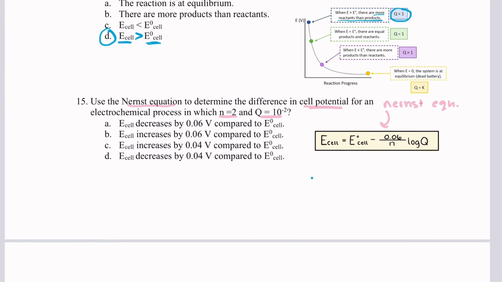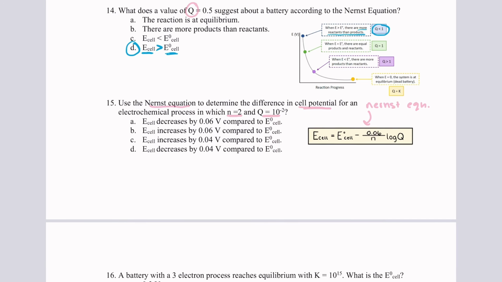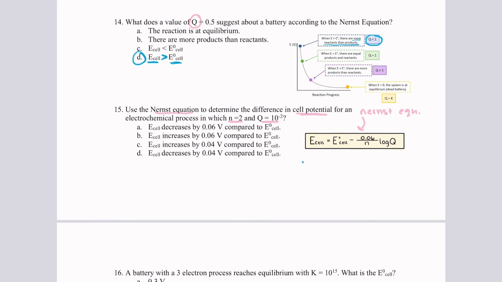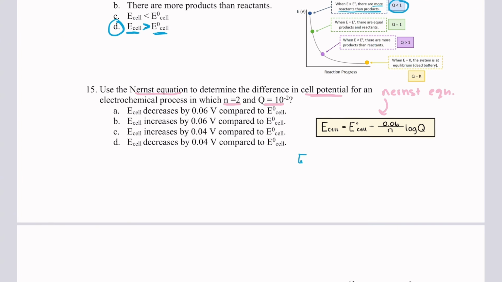We're going to start here by interpreting the value of Q. A reaction quotient of 10 to the minus 2 is less than 1, which means there are more reactants than products. When there are more reactants available, the reaction is pushed forward more strongly, and the cell potential becomes larger than the standard value. Now we apply the Nernst equation.